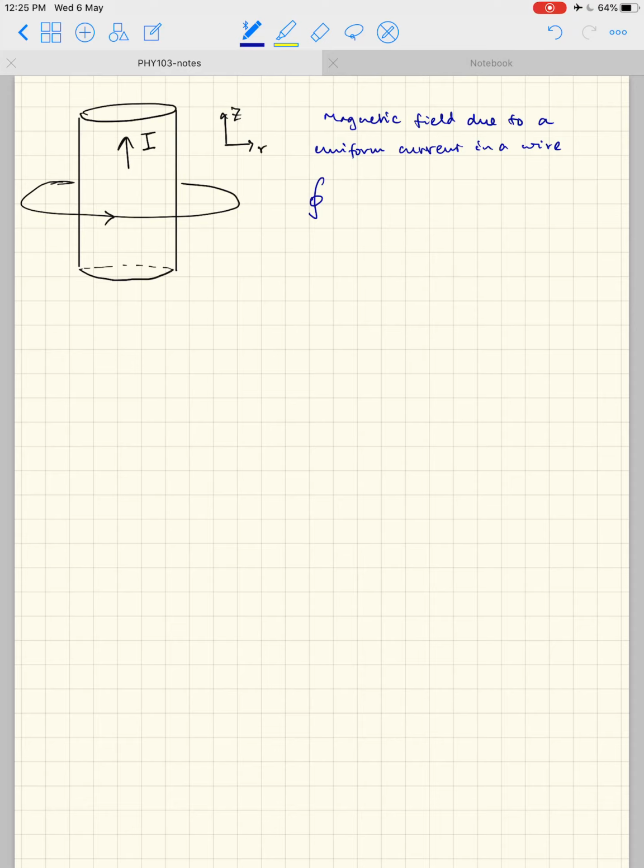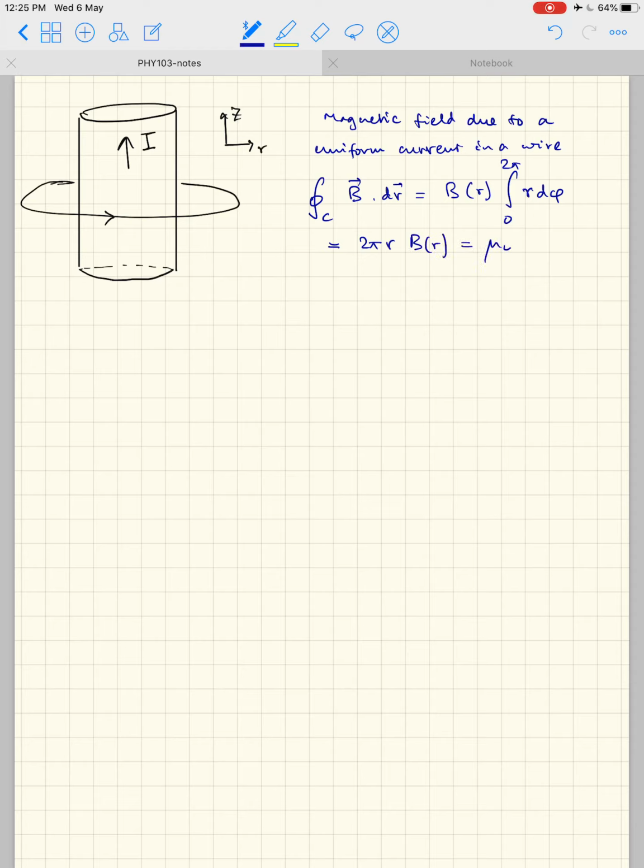So the closed loop of B dot dr is just B from 0 to 2 pi r d phi, which is nothing but 2 pi r B of r.